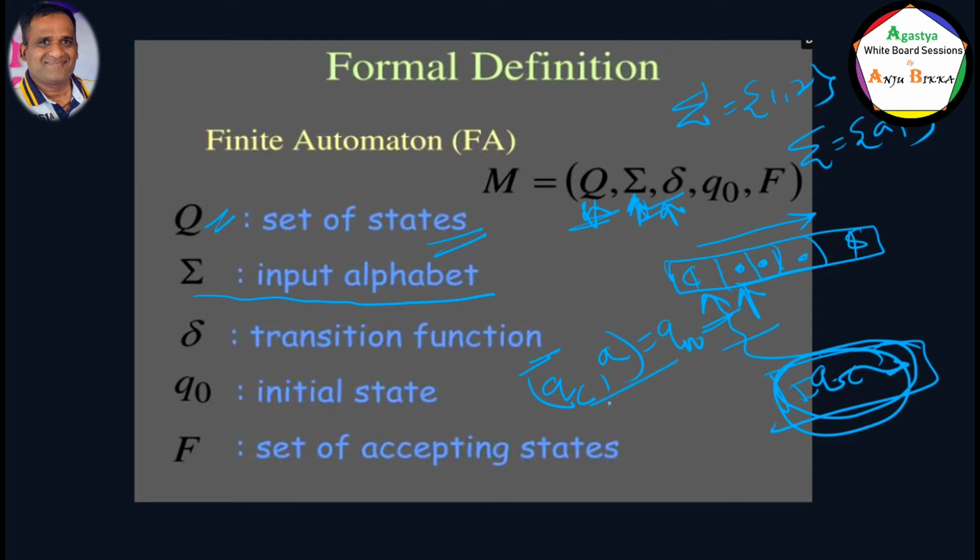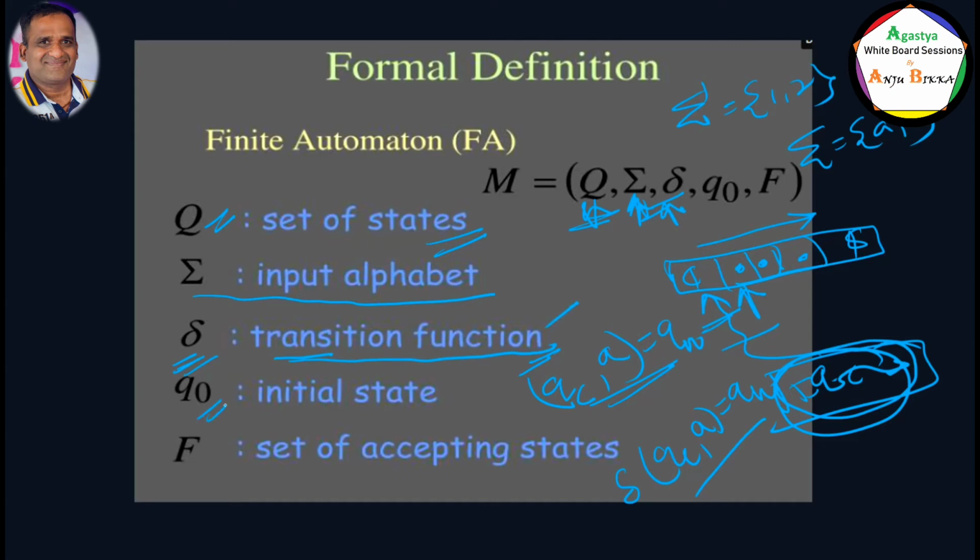So this is the transition. The transition is defined as delta of Qc, a, equal to Qn. So the transition from the current state on reading one symbol moves to another state. Those transitions are defined by the transition function.